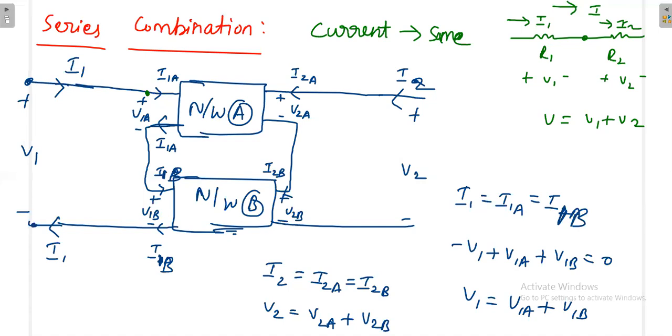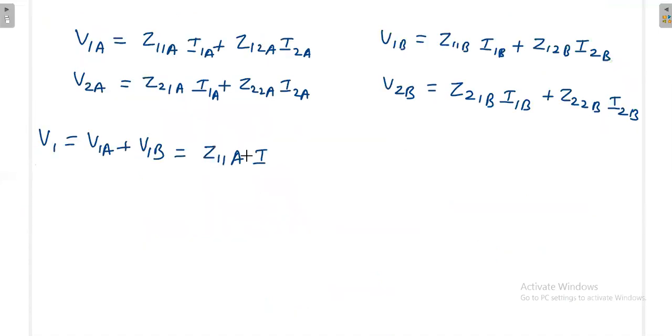So I1A or I1B, I can simply write as I1, since this current is the same. Then similarly I2A and I2B are the same as I2. So we have Z11A I1 plus Z12A I2, then Z11B I1 plus Z12B I2.